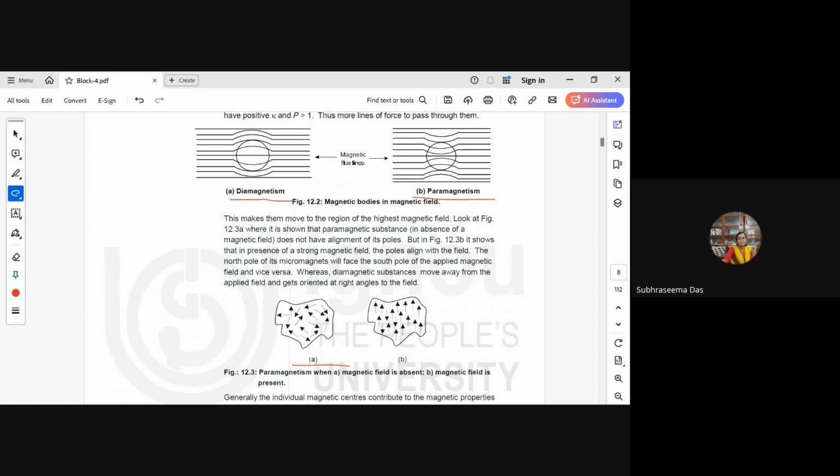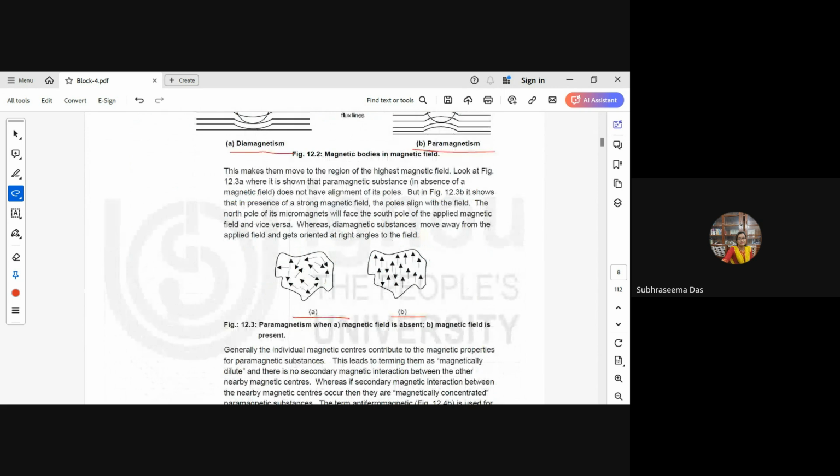But in figure 12.3b, the alignment is in a proper direction, aligned with the magnetic field. When the magnetic field is applied, the poles are aligned accordingly. The north pole of the micromagnets is attracted towards the south pole of the applied magnetic field, and vice versa. This happens in the case of paramagnetism.